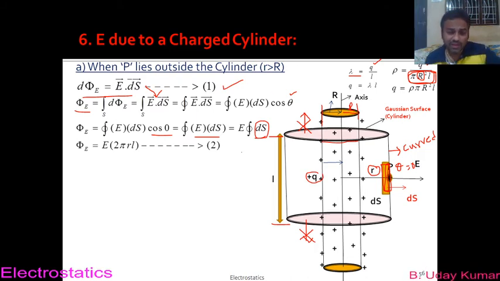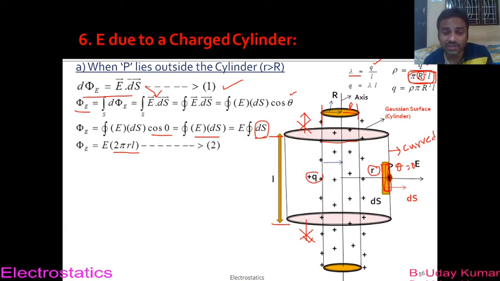So that means here the integral of ds is actually the total surface area that you would have to write. But since no flux is contributed from the upper and lower surfaces, in place of the integral of ds I am only writing the curved surface area of the Gaussian cylinder. I hope you got it.